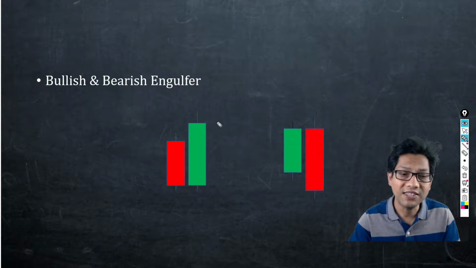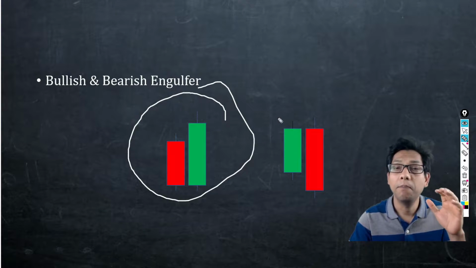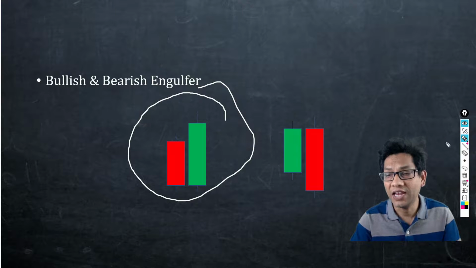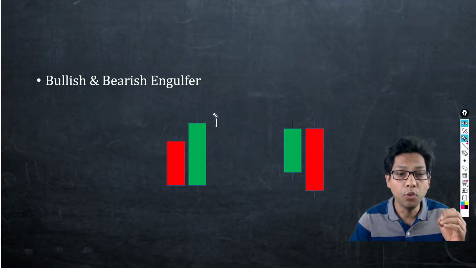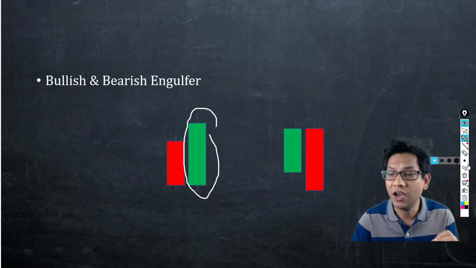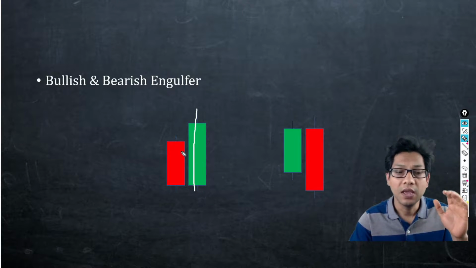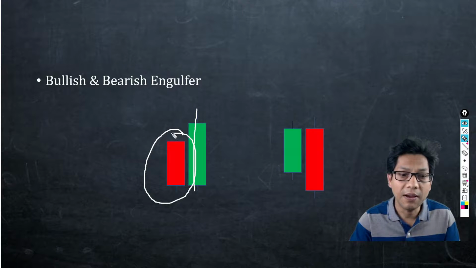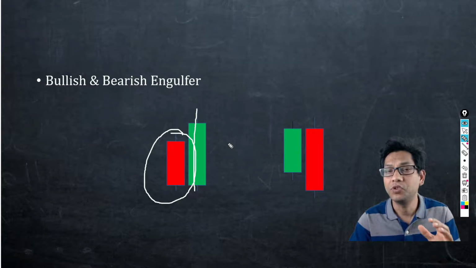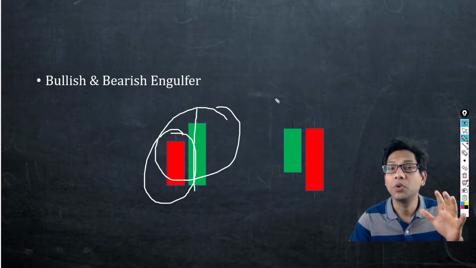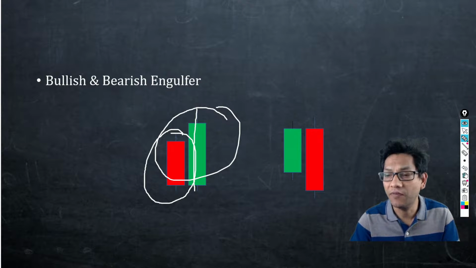So first of all, let's see the psychology behind the bullish or bearish engulfing pattern. What is a bullish engulfing pattern? When you see a bullish candle engulf the previous candle completely, we can say it is a bullish engulfing pattern.